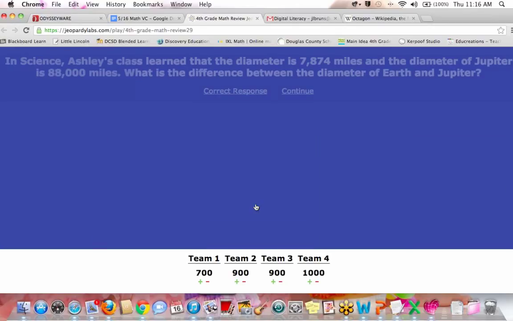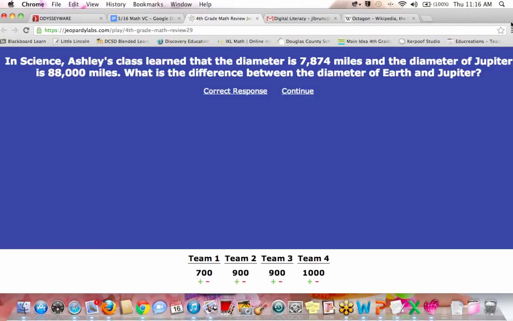In science, Ashley's class learned that the diameter of Earth is 7,874 miles, and the diameter of Jupiter is 88,000 miles. What is the difference between the diameter of Earth and Jupiter? So this is a simple subtraction problem.